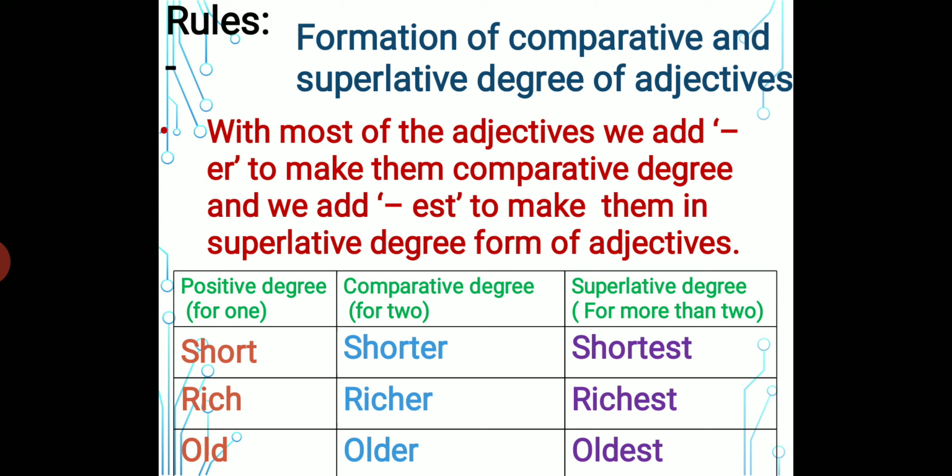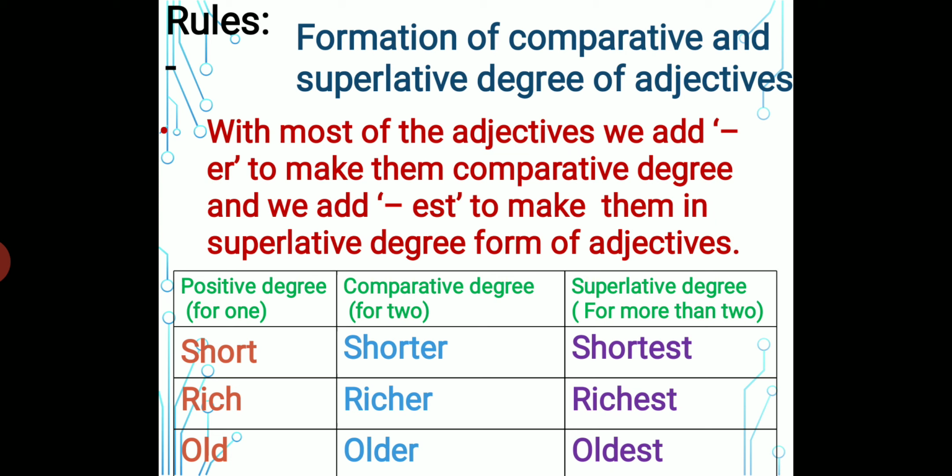If there is a comparison between two nouns, we have to write the answer in a comparative form. And the superlative form of the degree would be in the answer when more than two nouns are compared. So I have written here for more than two nouns.